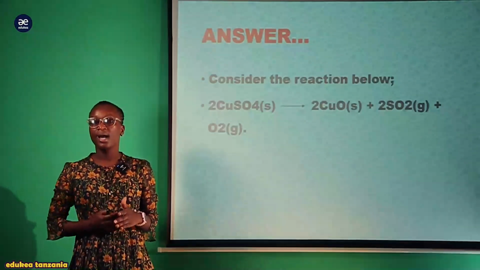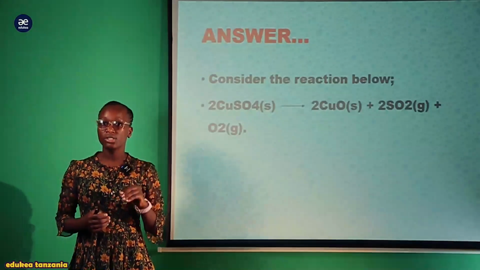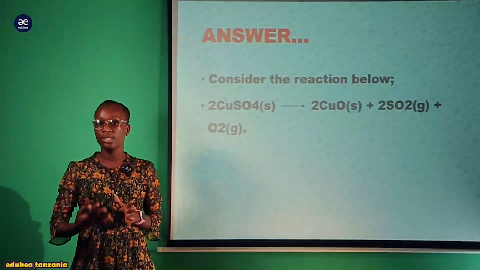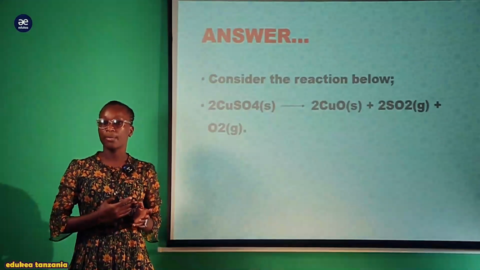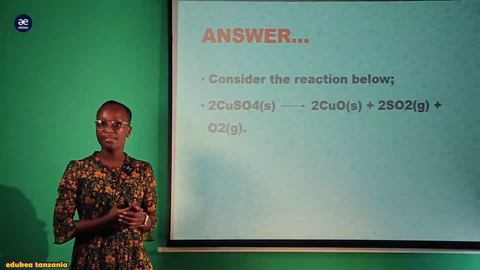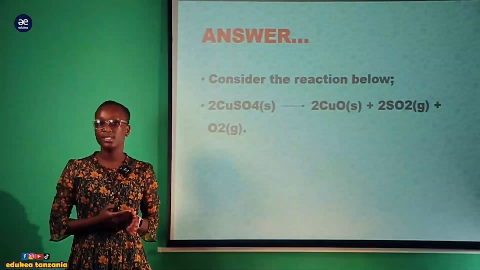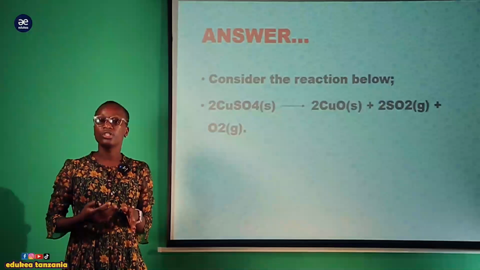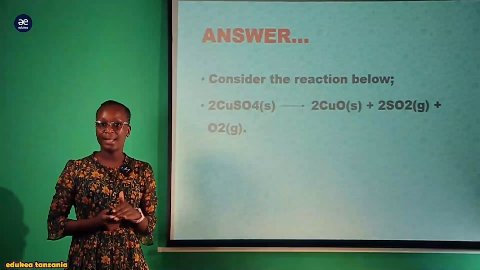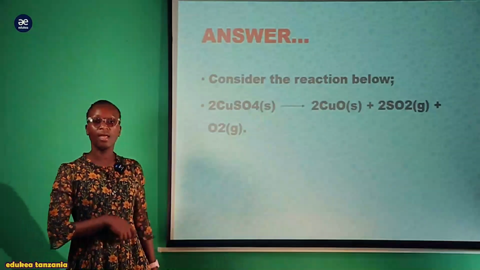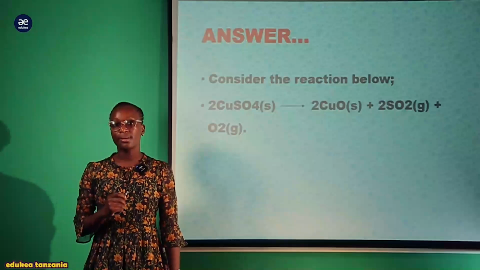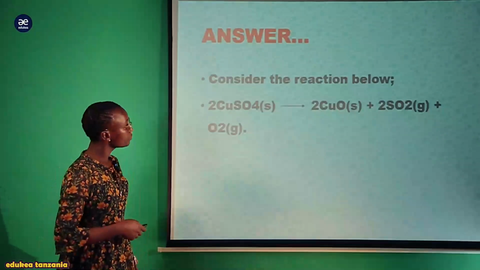Kwa hiyo unaelezea ile behavior ya ile salt inavyo behave iko subjected kwenye heat, kama tulivyoelezea hapo kwenye compound of sulfate inavyokuwa copper 2 sulfate, lakini baada ya hapo unakuja kuonyesha chemical equation ambayo imekuwa balanced. So mwanafunzi atakuwa afanye hivi, after there obviously anapata marks zake zote.